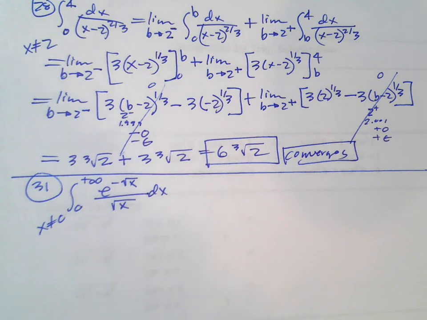So looks like we've got to do a one-sided limit there, and we go to infinity. So there's two issues here, right? We have an infinite discontinuity on the end, and then we have a limit of infinity also to deal with. So we've got two issues.